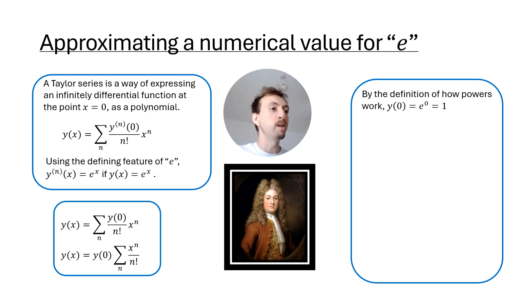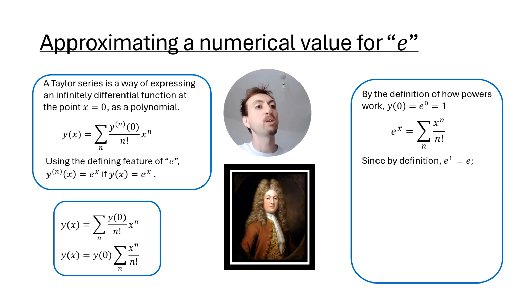Now we can use the fact that y of 0 is by definition e to the 0, which is just 1, and that means that our Taylor series for e to the x actually looks really neat indeed. Now we want to find a numerical approximation for e, and clearly we're going to get e to the x equaling e when x is 1.